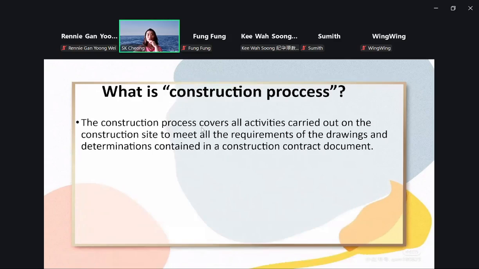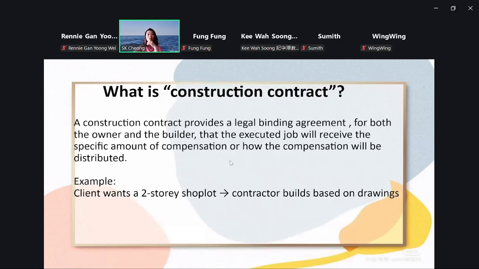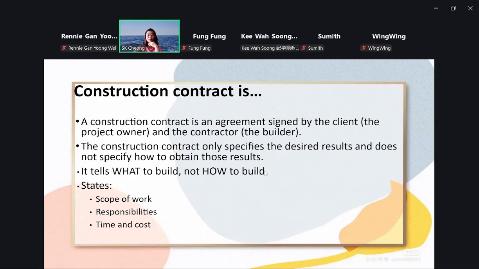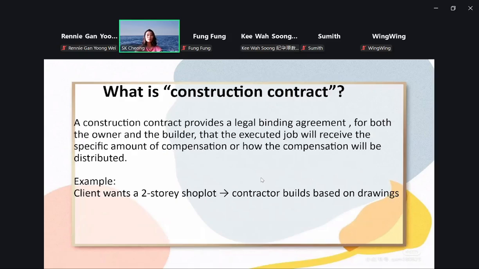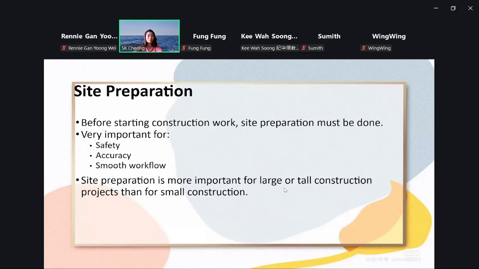Okay, this is just another definition, right? Definition and definition. A contract is a process. This is a contract definition. This is a process definition. All right. So the highlight of preliminary part 1 of chapter 2 is about site preparation.